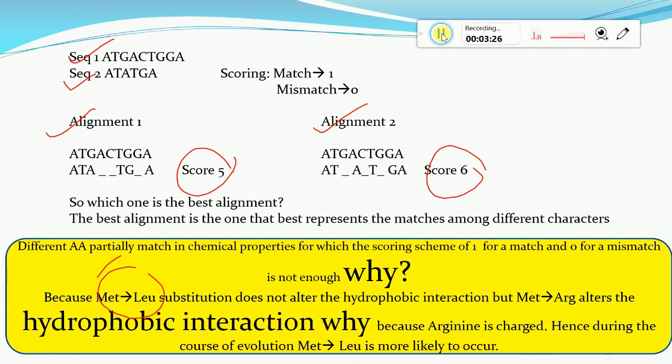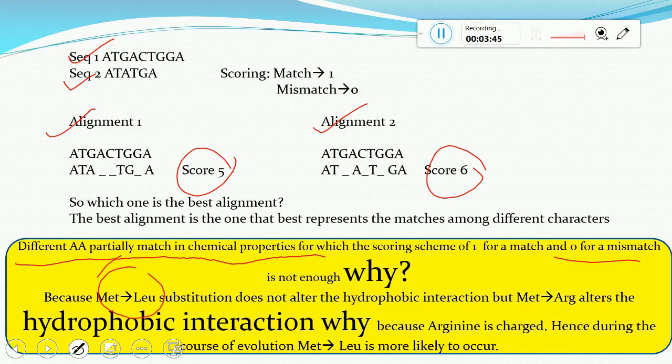Let's consider a situation here. Different amino acids partially match in chemical properties, for which the scoring scheme of 1 for a match and 0 for a mismatch is not enough. Why?